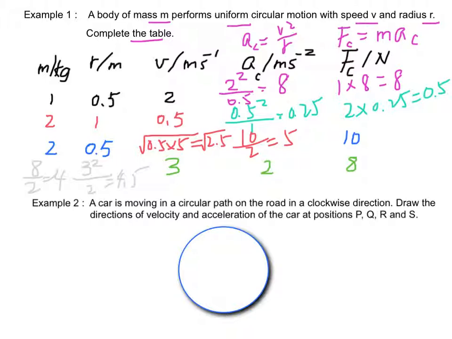Example 2. A car is moving in a circular path on a road in a clockwise direction. Draw the directions of velocity and acceleration of the car at positions P, Q, R, and S. The respective directions of velocity at P, Q, R, and S are drawn as shown, which is tangential to the circle.